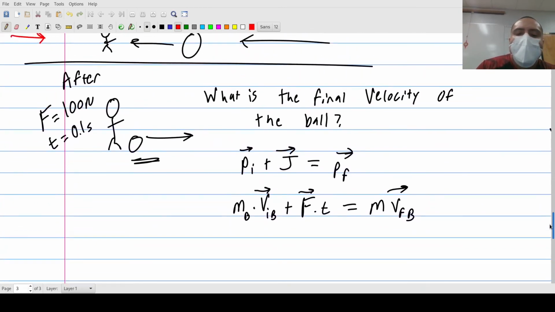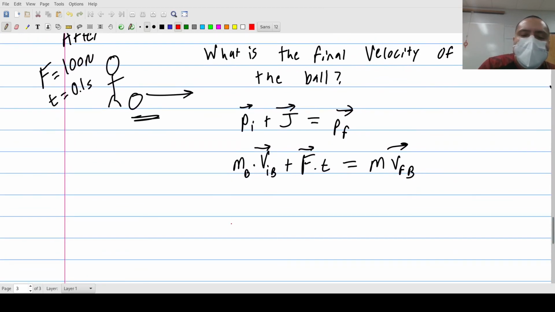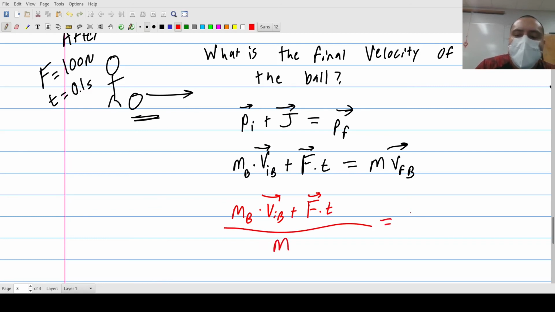Okay, so let's see here. We're finding the final velocity of the ball, so I'm going to divide by the mass. So mass of the ball times V initial of the ball, vector, plus force times time, vector, divided by the mass, is equal to V final for the ball, vector.